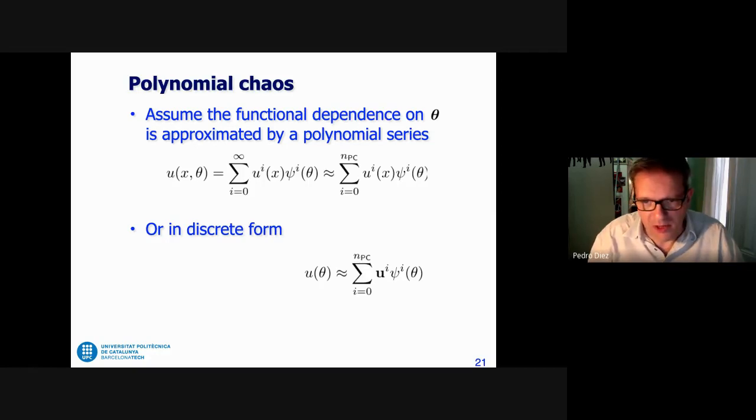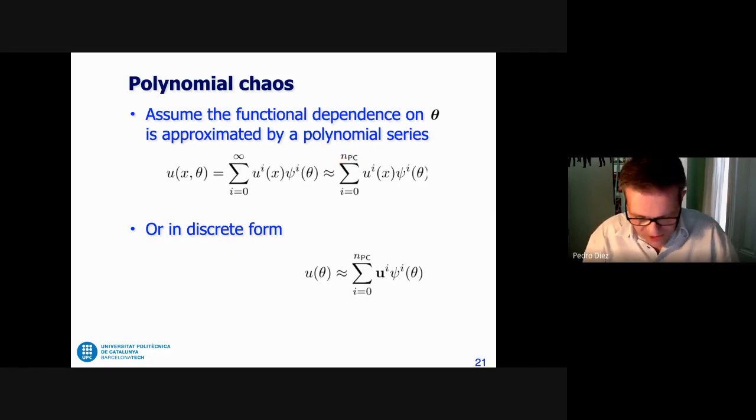But here the assumption is that you get a proper approximation with a small number of polynomial chaos terms, which we denote by NPC. If instead of a continuous representation of the displacement, for instance u(x), you have a finite element representation in which the space variation is represented by a vector of nodal values, the only thing you have to do is represent this vector u as a function of theta, as a sum of vectors that are independent of theta, so constant vectors, times the polynomials that describe the dependence on theta.